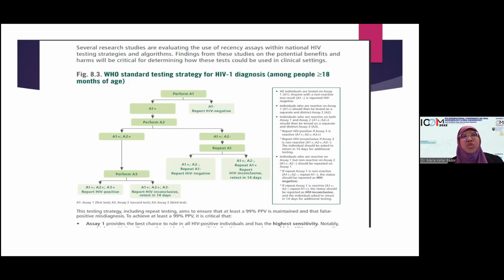The first EIA test that you will see can actually tell you if it is P24 you're detecting or whether it's antibody. At the moment, the machine calculates and gives you an average, tells you the cutoff index, and calls it reactive as such. But it is possible to see separately.